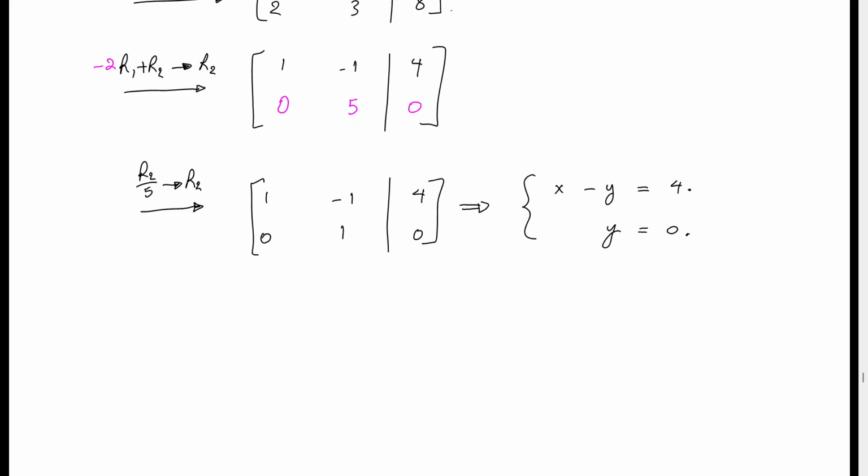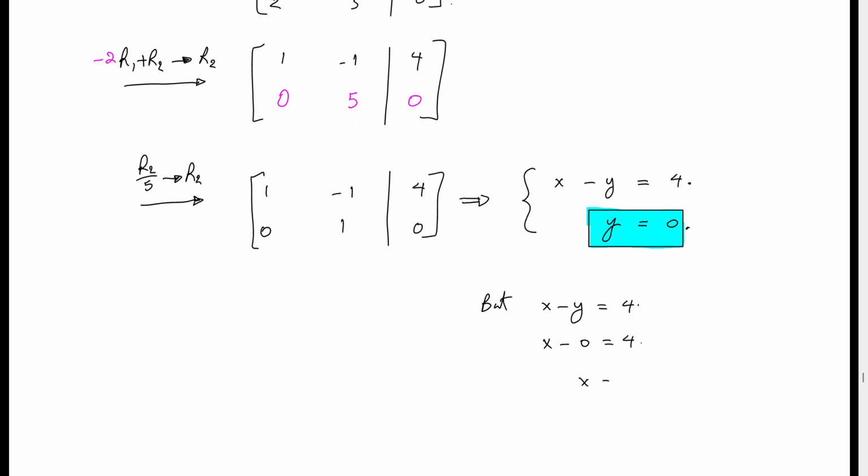So we actually have one of the two missing values. We already got what y should be. So all we have to do now is find the x value. So if I have y, I need to find x. It's very straightforward. But wait a second, I remember one of my equations was x minus y equal to 4, and I just discovered that y itself is supposed to be 0, so x therefore has to be equal to 4.